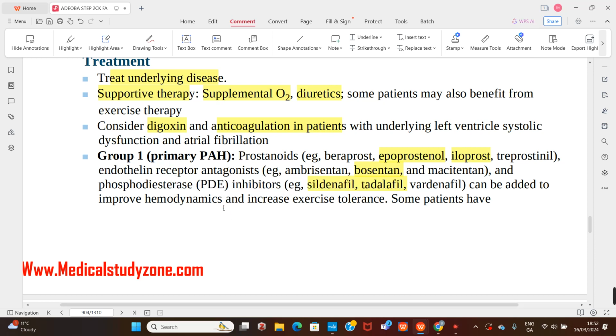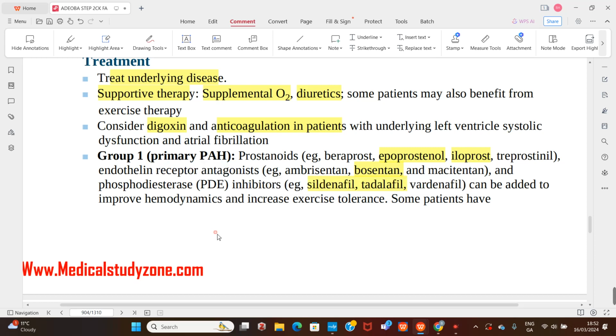So you might give them endothelin receptor antagonists like the sentans, bosentan. I think the common side effect of bosentan is LFT problems. So liver function tests for bosentan. I think we should check it up. I think it causes liver issues.